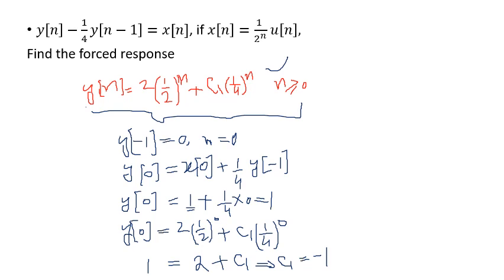So the force response can be found by, force response we understand is represented by y of f of n, and this is equal to x of n, and x of n is basically 1 by.